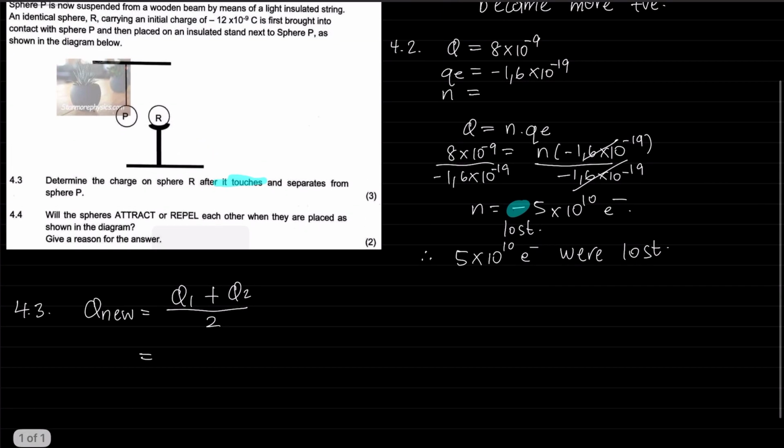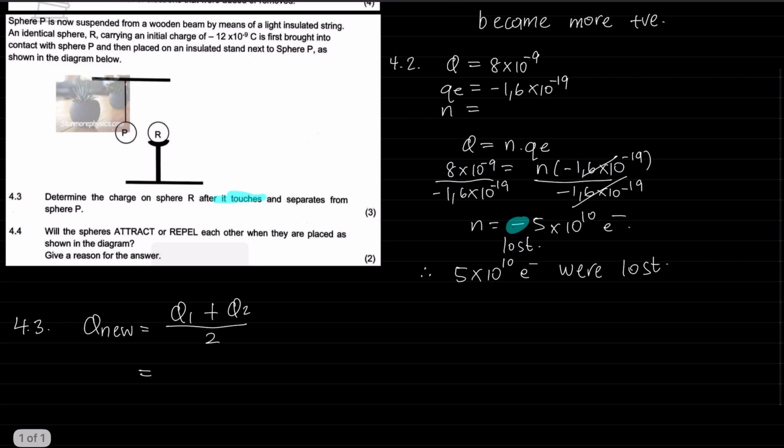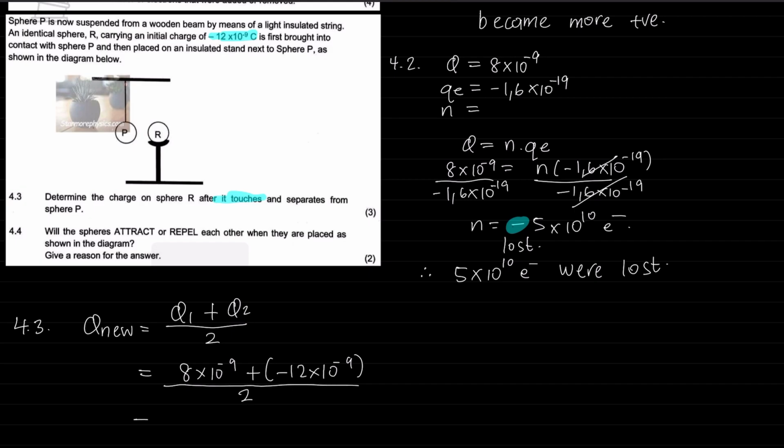Q1 is the charge of P, that's 8 times 10 to the negative 9, plus Q2 which is minus 12 times 10 to the negative 9, and that's all divided by 2. And then we get an answer of minus 2 times 10 to the negative 9 coulombs.